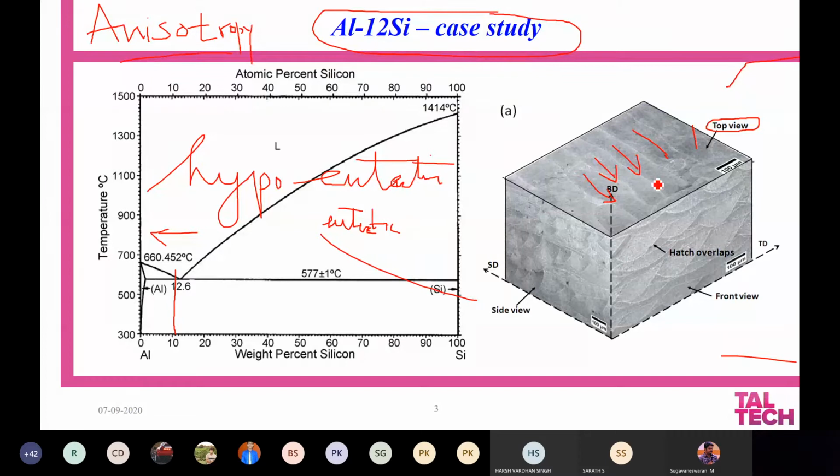On the side view, you also see some melt pool characteristics, but it cannot give the accurate dimensions. So you have an anisotropy in the macro scale because your macrostructure is non-uniform, and at the same time you also combine it with some of the microstructure features. We will see that relatively shortly.